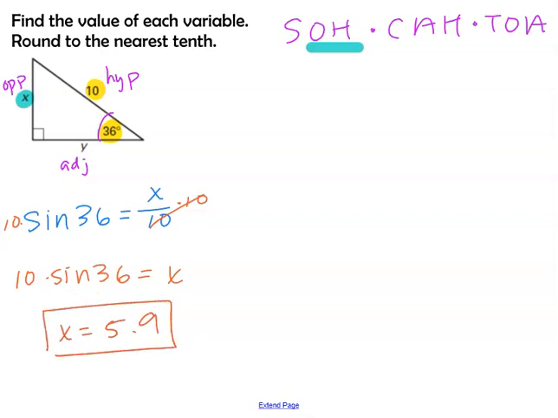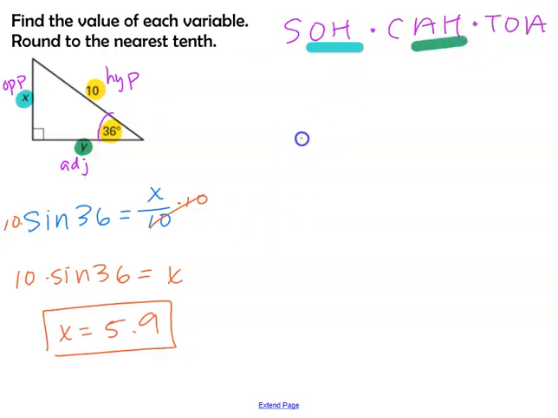Now we're going to follow similar steps to find out what y is equal to. So when we go back to our diagram, y is our adjacent. And again, I would use 10 because it's a nice whole number for the hypotenuse. So when you look at your acronym, the trig function that uses the adjacent and hypotenuse is going to be your cosine.